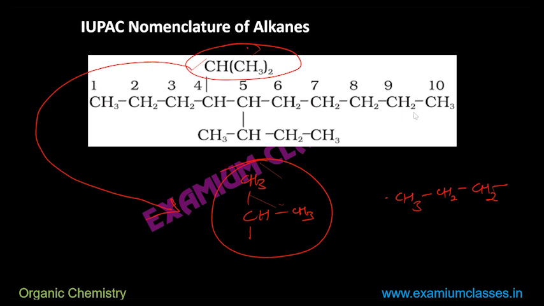And this is a very, very good example. Why I am saying this is a very good example, because there are two names you can write. Different names you can give here.